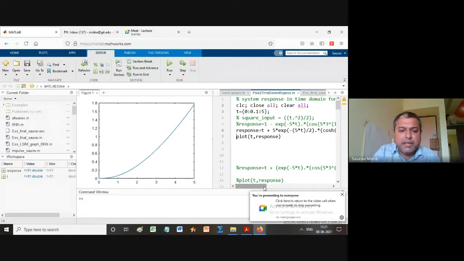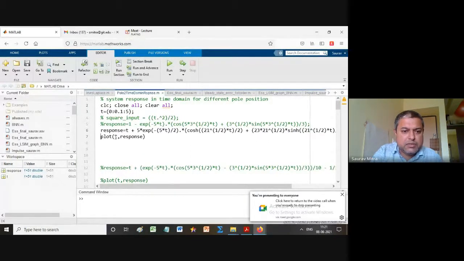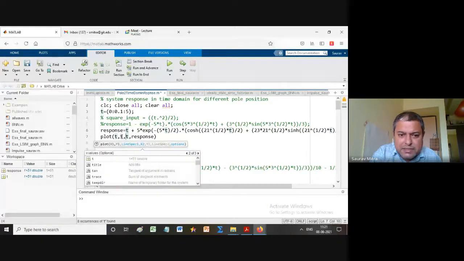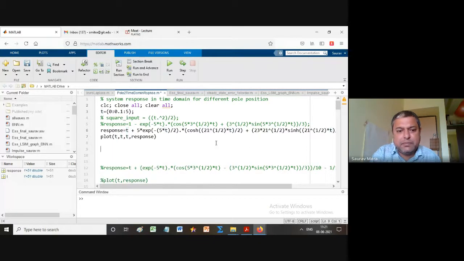Okay, I'm sorry, I did not plot the input. This is the output that we have plotted, but we have to plot the input. So this is t comma t, time and amplitude, because this is unit t.